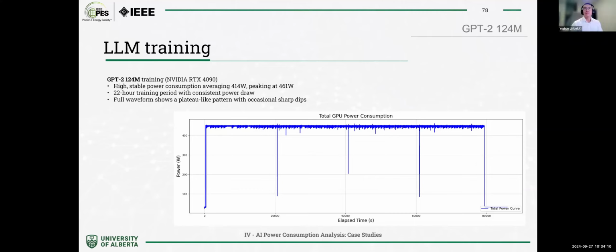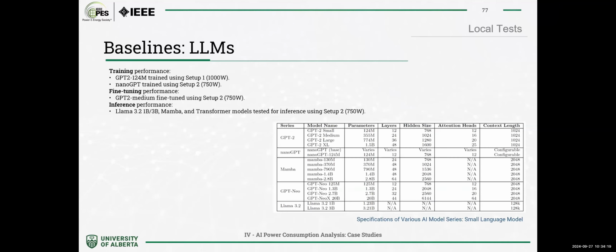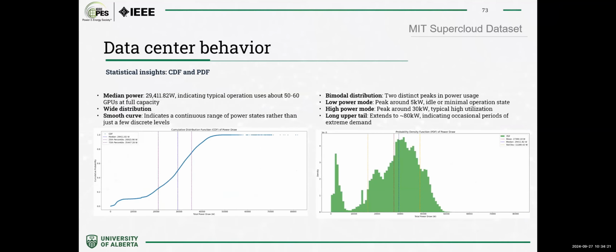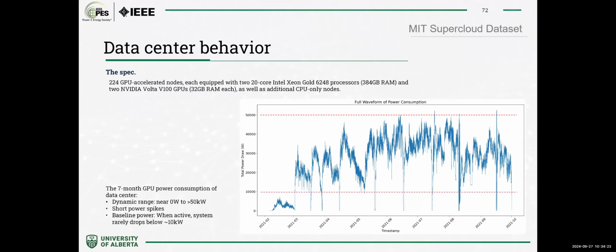Can I ask the question directly? Sure, Professor. If you measure at the building level, then that load could include the air conditioning load, so the ups and downs would probably be that. I need to clarify: we specifically extract the GPU consumption from the MIT dataset, so this curve is only the GPU power consumption.